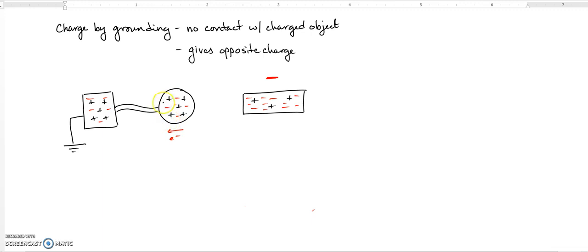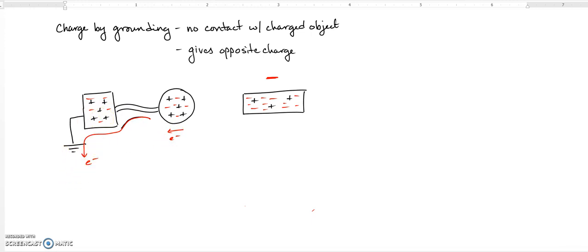Instead of just running along this edge, those electrons can actually run all the way through the wire and into the earth. And so what that means is they're going to leave here. So that's kind of like step one.